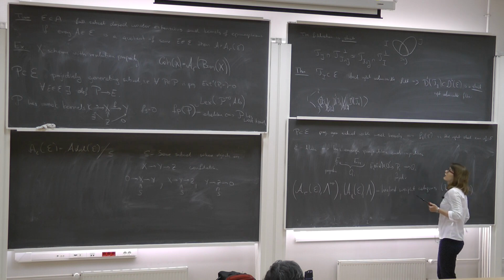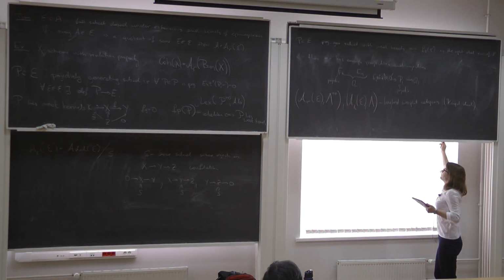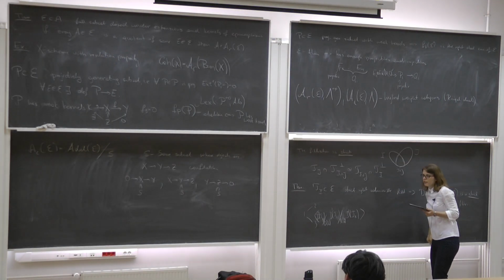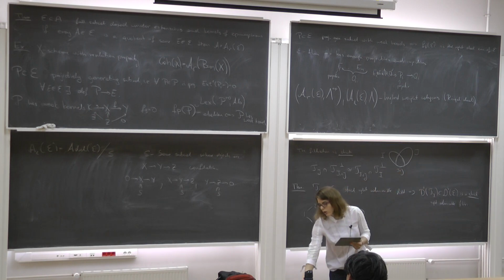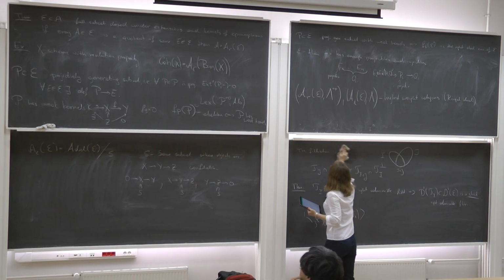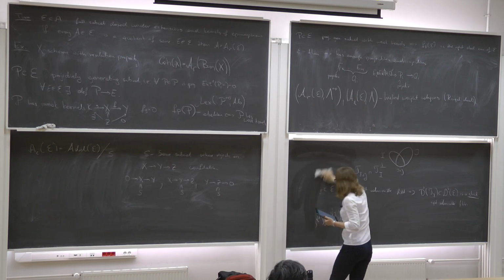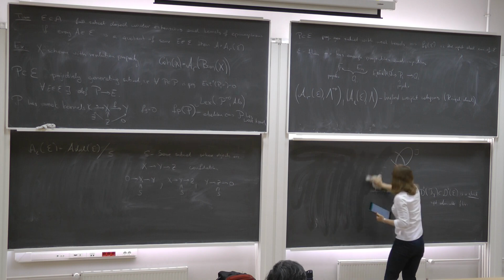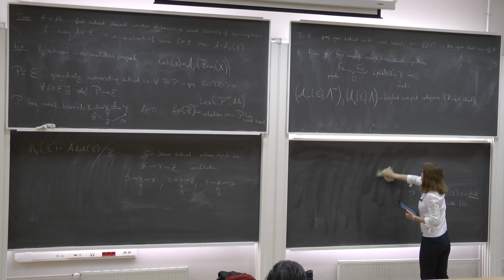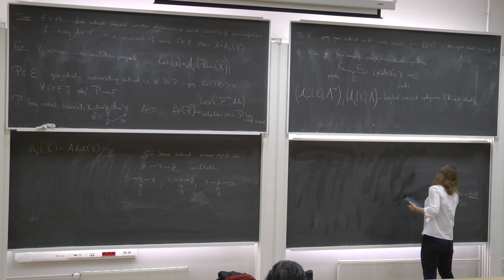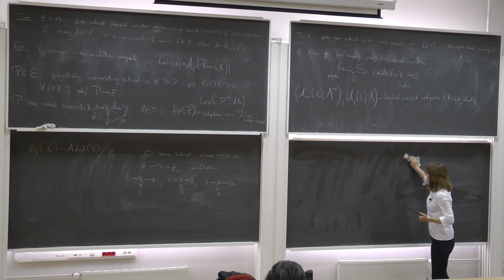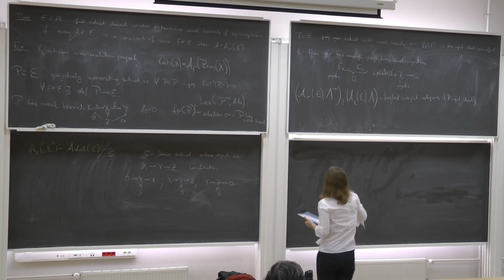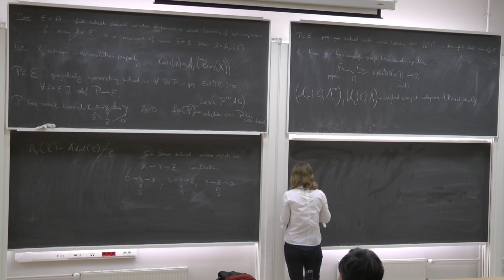So what is a highest weight category? It's an abelian category which has some special objects, so-called standard objects, and you require that projective objects have filtrations with standard objects, and standard objects have filtrations with simples, and there needs to be a poset included in the picture.